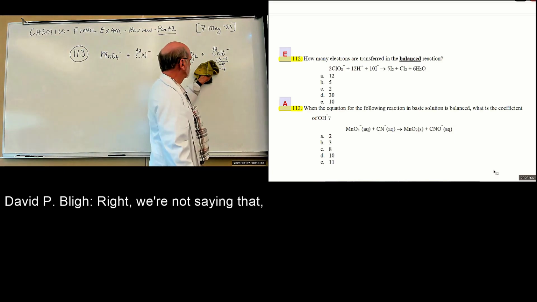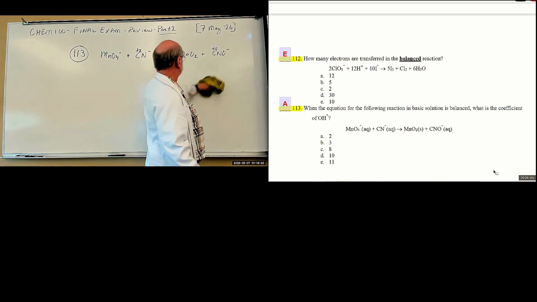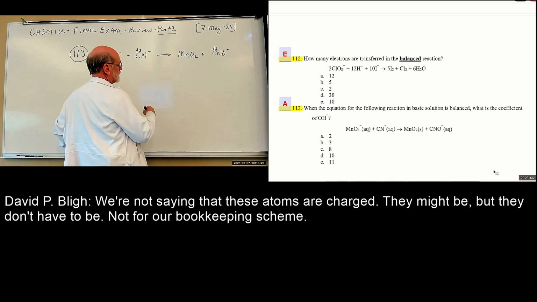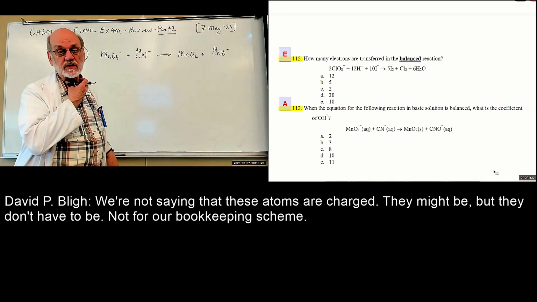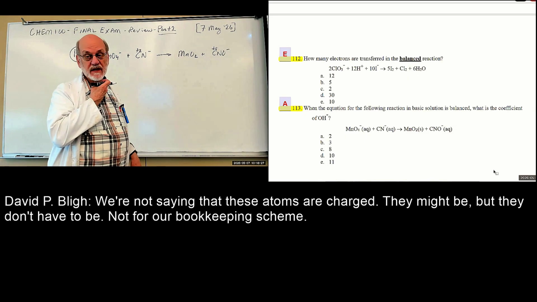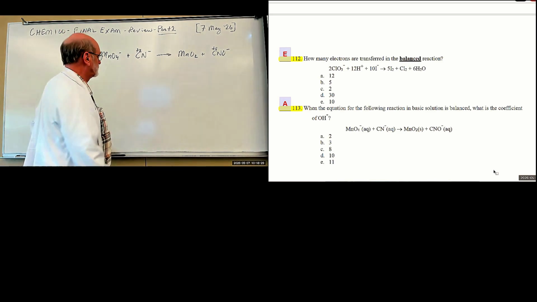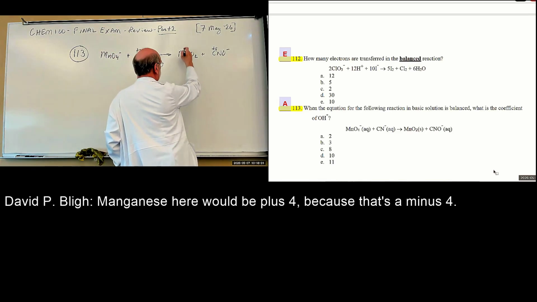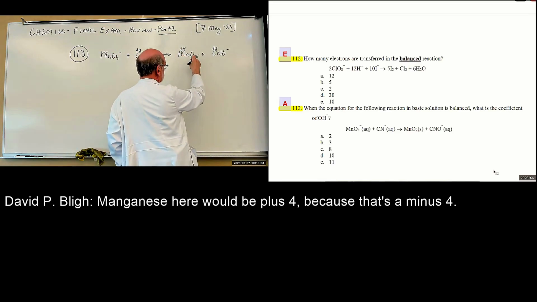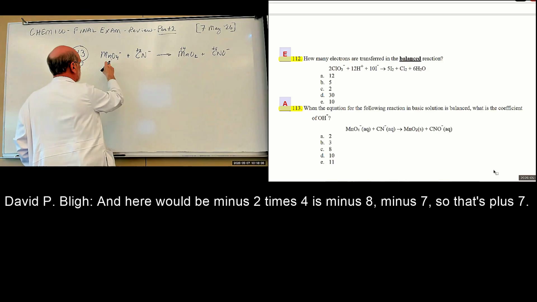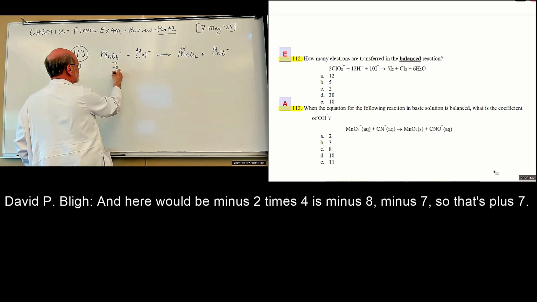Remember, this is just a bookkeeping scheme, right? We're not saying that these atoms are charged. They might be, but they don't have to be. Not for our bookkeeping scheme. Manganese here would be +4 because that's a -4. And here would be -2 times 4 is -8, -7.